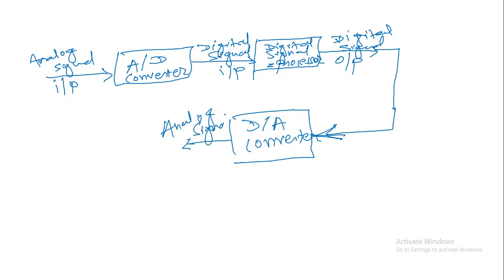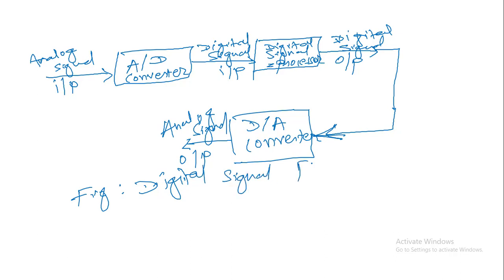So this will be the analog signal output. This figure can be considered as your digital signal processing system.